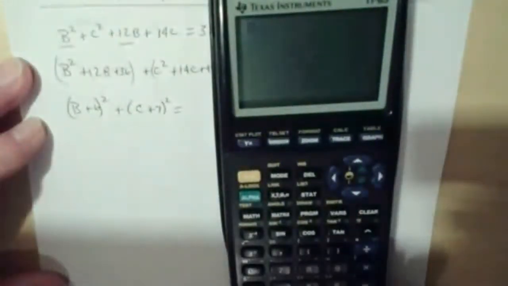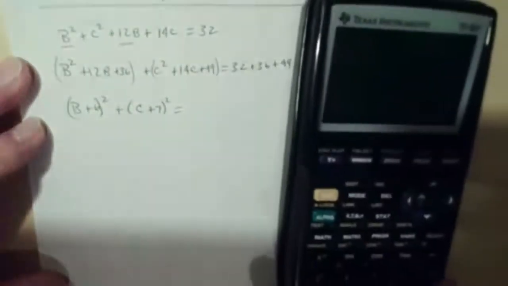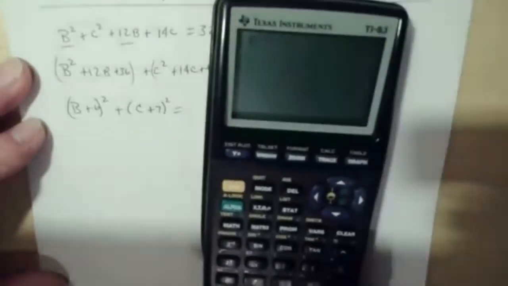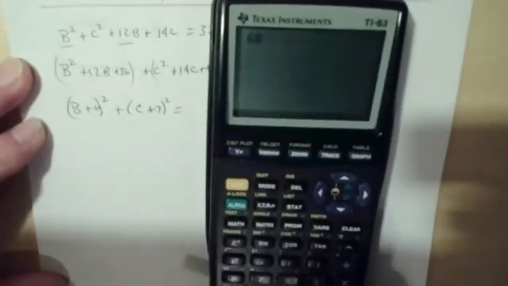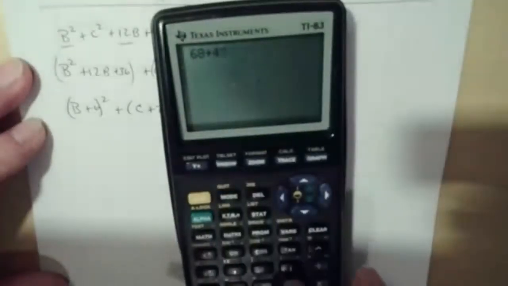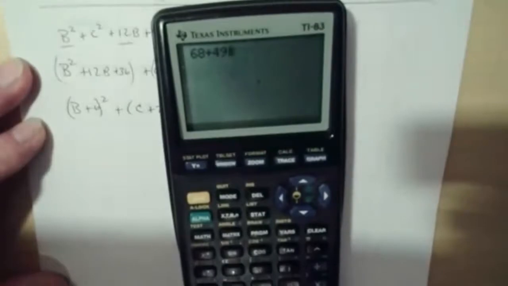Oh, let's use our handy dandy calculator here. So 32 and 36 is 68. And 49. Who made this problem up? 117.